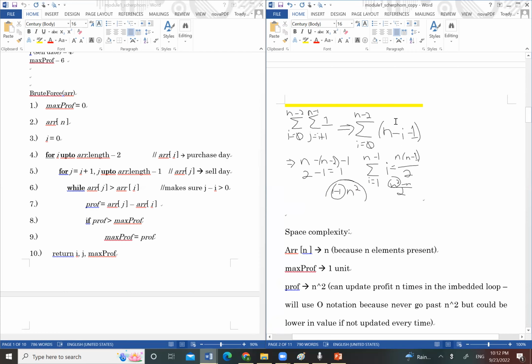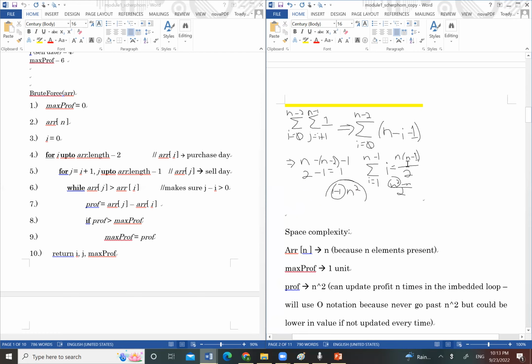Now, if we keep doing the summation until i equals n minus 2, it'll become 1. So if i goes from 1 to n minus 1, the summation of it gives us the equation that we learned about, n multiplied by n minus 1 divided by 2.